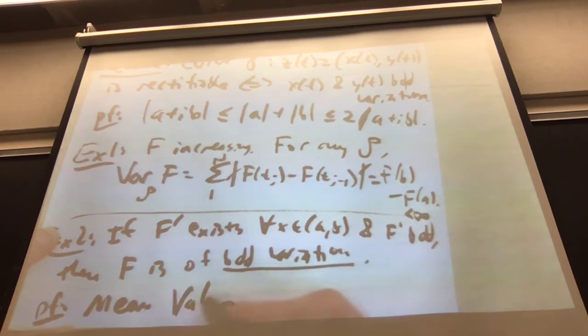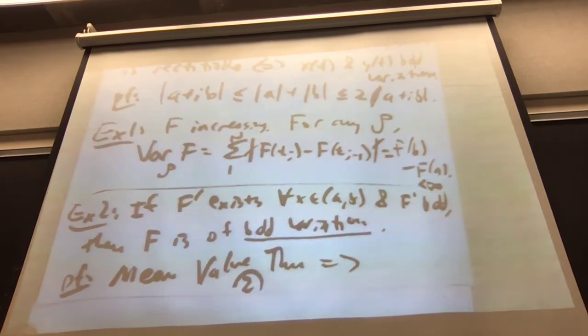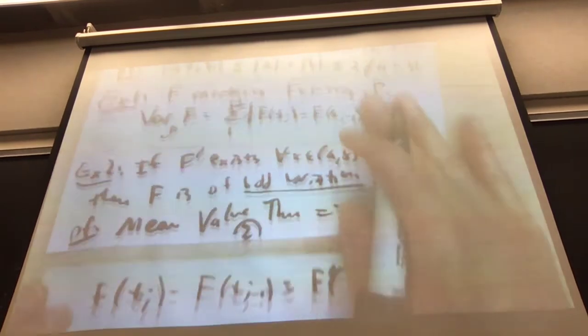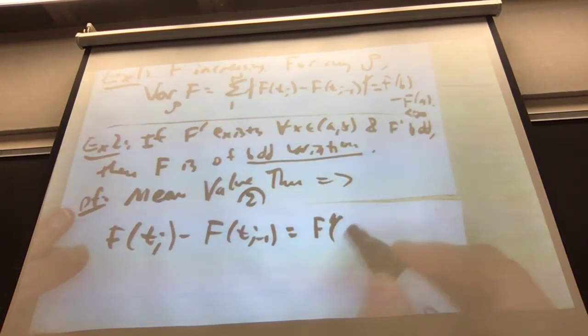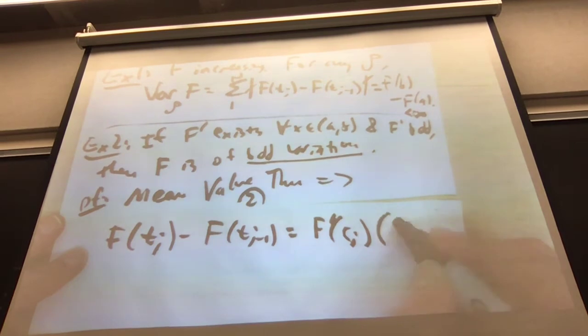The mean value theorem tells us that f of tj minus f of tj minus 1 is equal to f prime at some in-between point, cj, times tj minus tj minus 1.